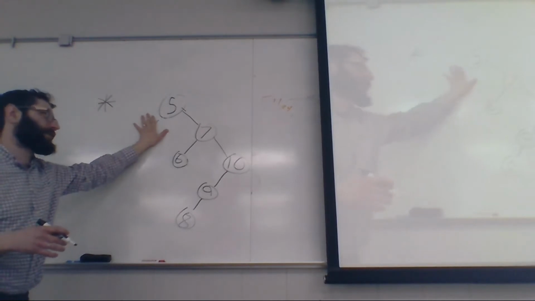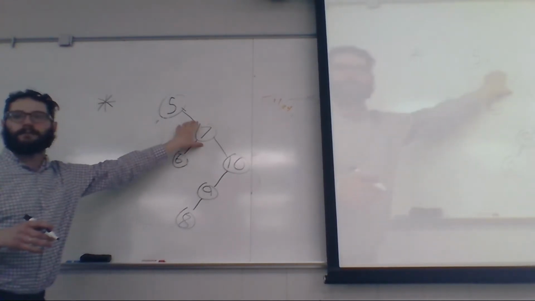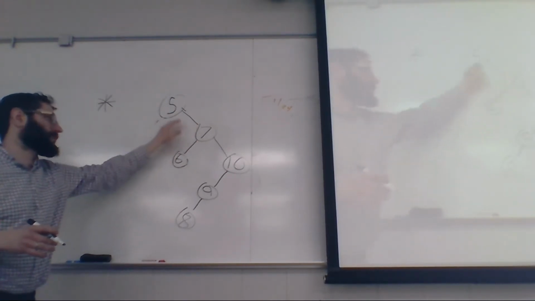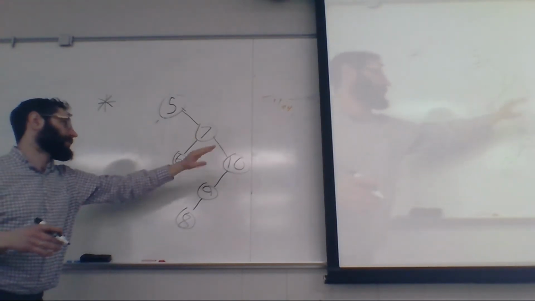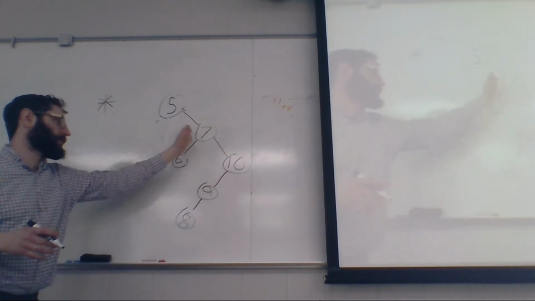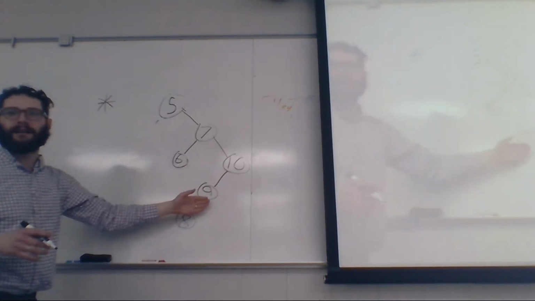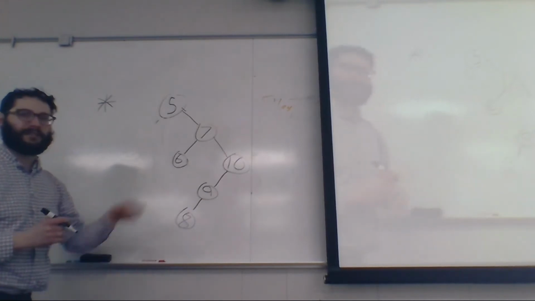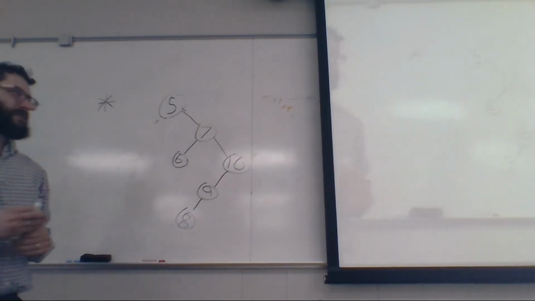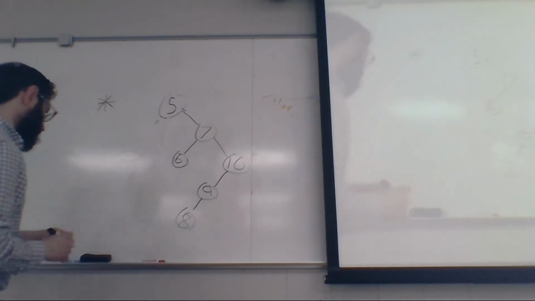All the stuff greater than 5 is to the right. 6 is greater than 5 but less than 7. 10 is greater than 7, 9 is greater than all those things but less than 10, and 8 is greater than all those things but less than 10 and less than 9. So this is a valid binary search tree as well.